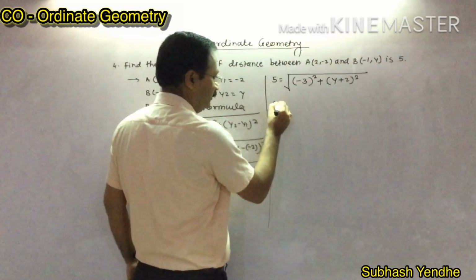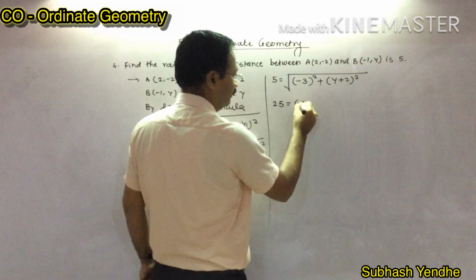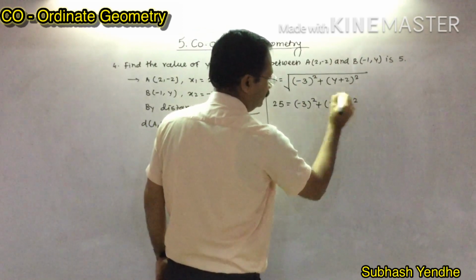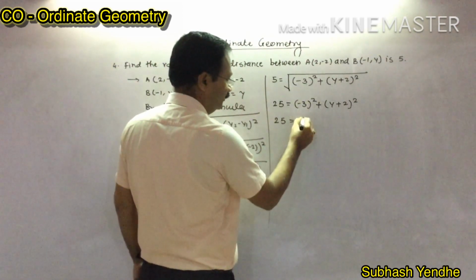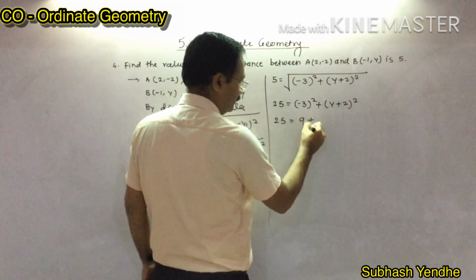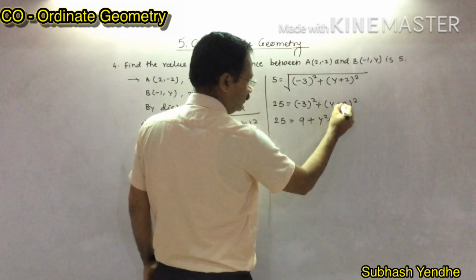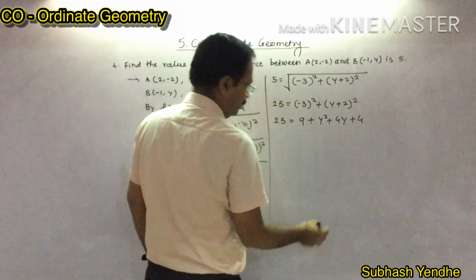So 5 squared is 25. Then the root will be cancelled. So (-3)² plus (y + 2) the whole square, 25 equals, minus square is plus 9, y², then 2 into first into second, 4y plus 4.